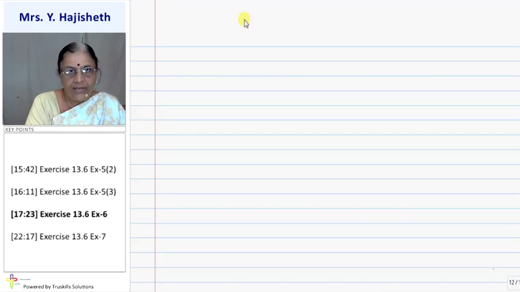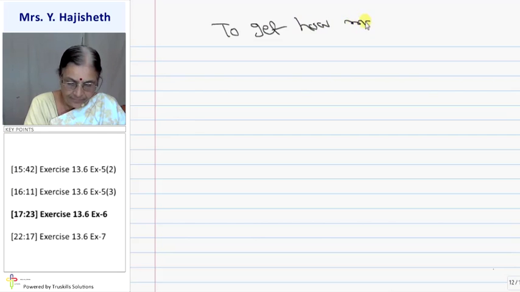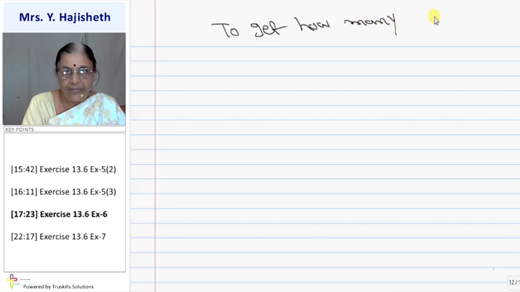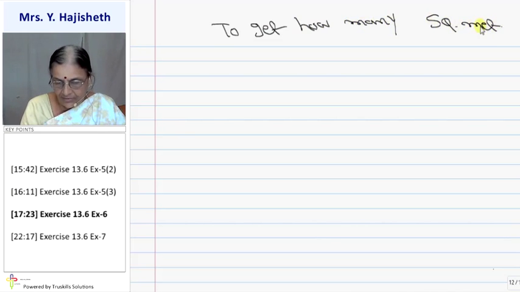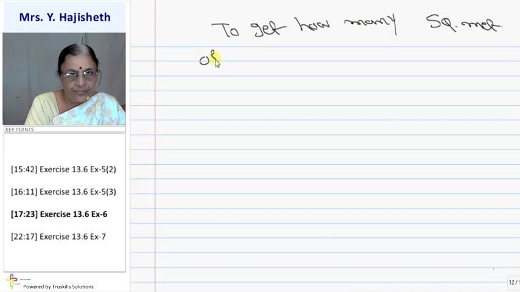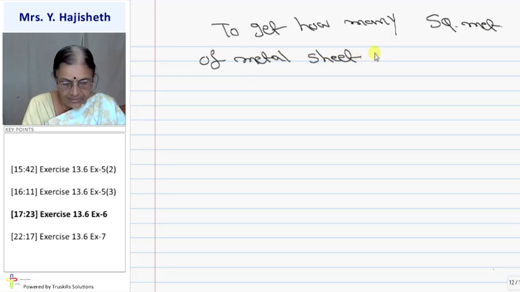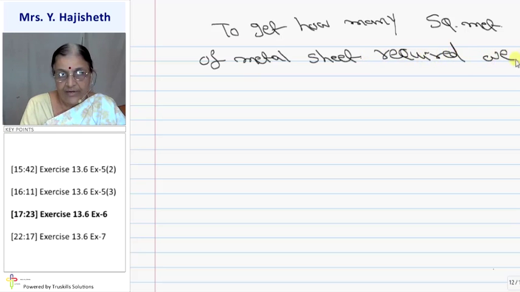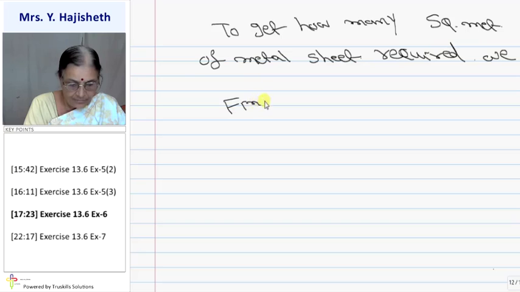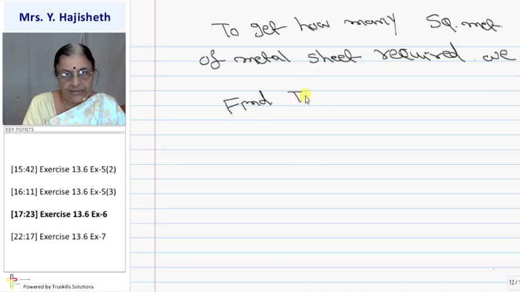So to get how many square meter, मतलब surface area, okay ना, square meter of metal sheet. It is a combined sum of surface area and volume. Metal sheet required. We find total surface area.